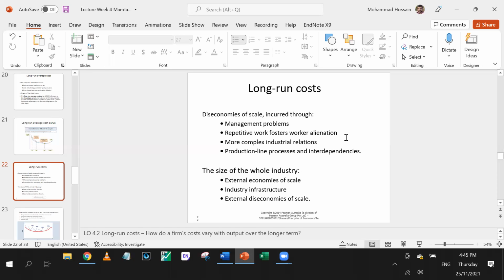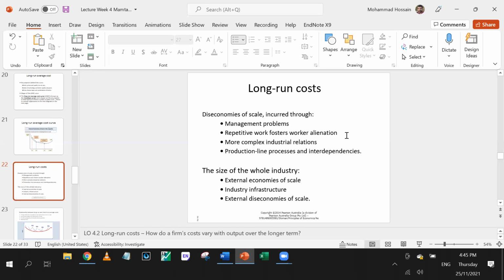Because the firm is big, there will not only be benefits, there will be some complications too. Their cost will be increasing as well. It is not necessarily the case that cost is reduced all the time; no, cost increases too because of being big.